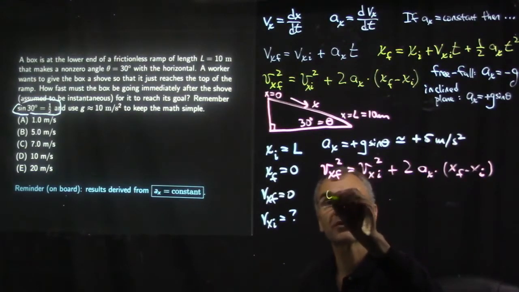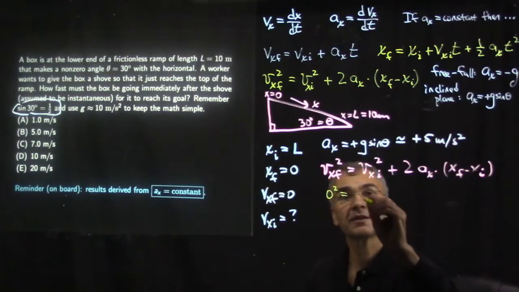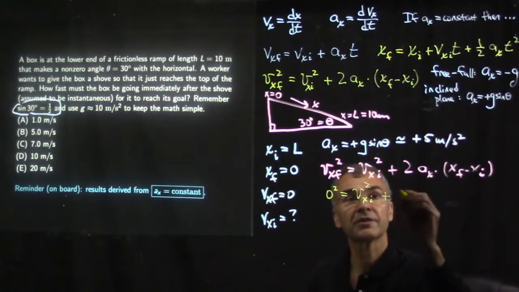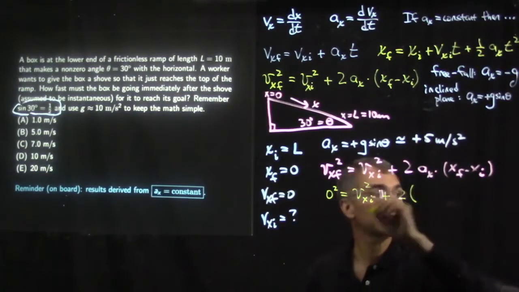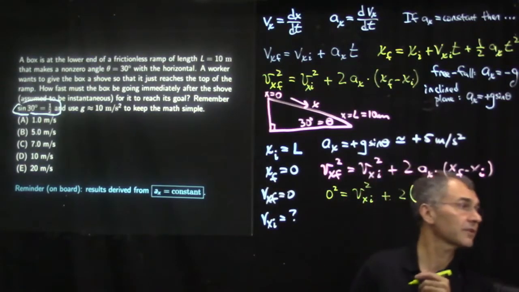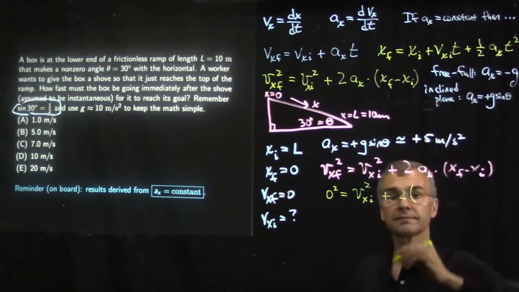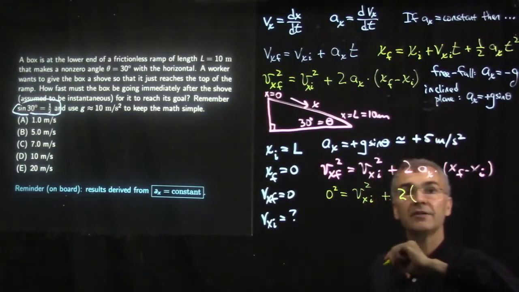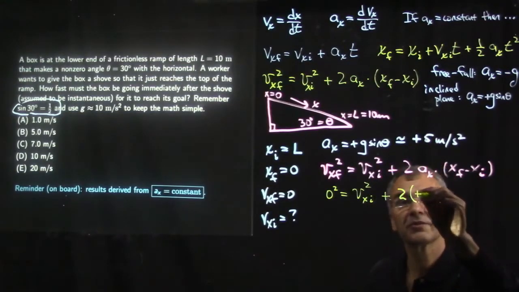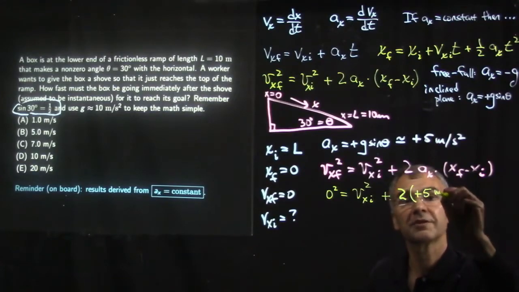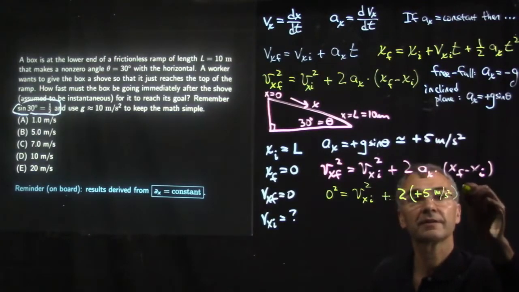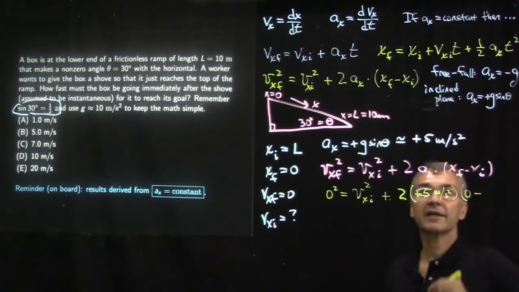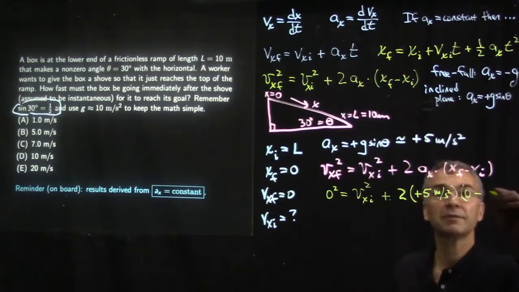So this is 0, equals unknown Vx initial squared plus 2 times a sub x, which is plus 5 meters per second squared. X final is 0, and x initial is L, which is 10 meters.